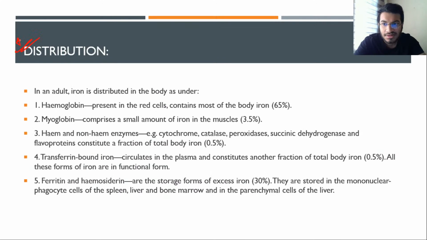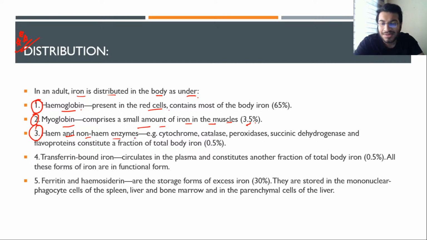Distribution. In an adult, iron is distributed in the body as under: first is hemoglobin. Hemoglobin is present in the red blood cells, and it requires more than 65% of the body iron need. Then myoglobin, it comprises a small amount of iron in the muscles, that is only 3.5%.